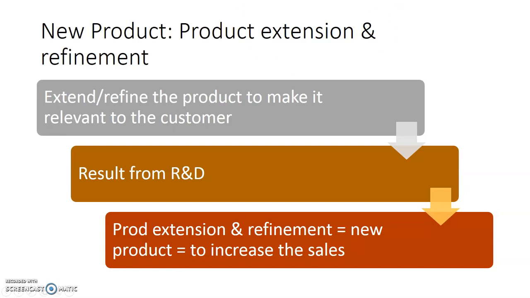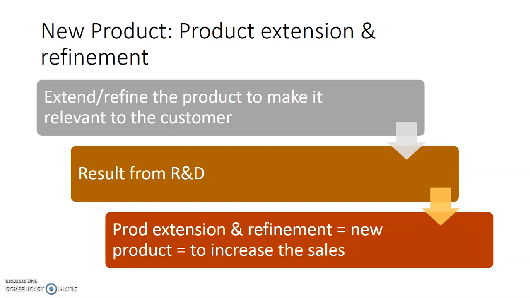How you do the product extension and refinement is a result from R&D, the research and development. Meaning that in every stage of the product, you cannot just be content and sleep because you have a good product. No, remember, the product will be obsolete one day.